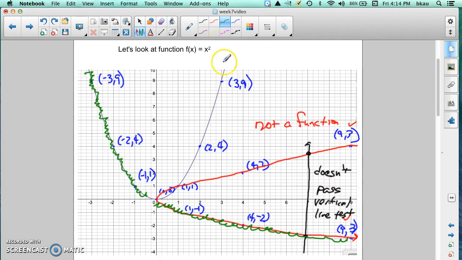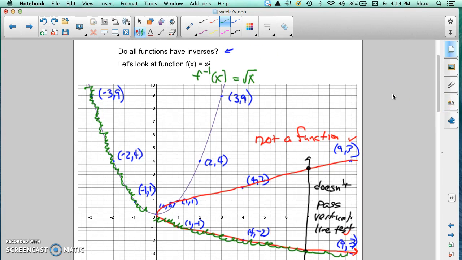We would think the inverse of this would be f negative 1 of x equals the square root of x, because the square root undoes the square. But if we look at the square root of x, we only get this piece.